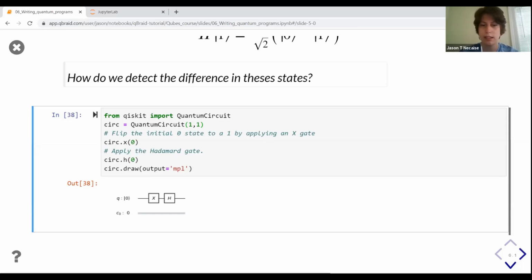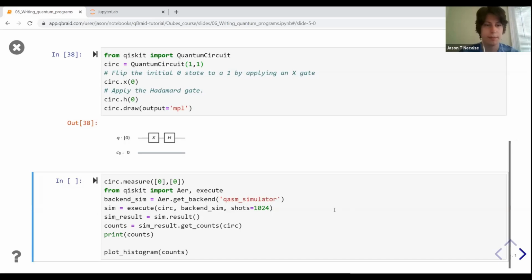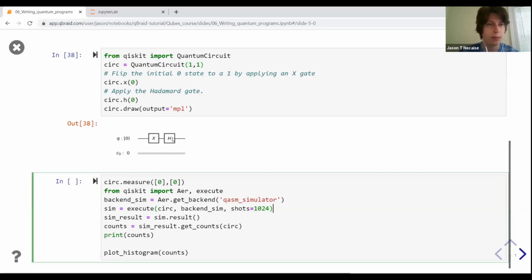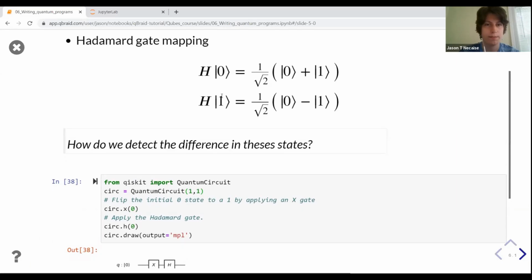Okay, so let's see how we can use this to see a difference between plus and minus superposition states, right? So we're just going to measure this. So what are these two gates in sequence going to do? First, we're going to put this in the 1 state, and then we're going to apply the Hadamard gate on a qubit initialized in the 1 state. And this is going to give me the equal superposition with a minus sign, right?